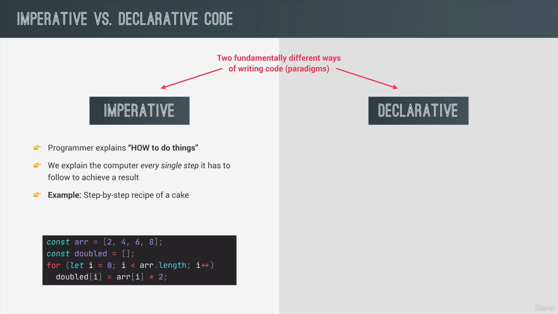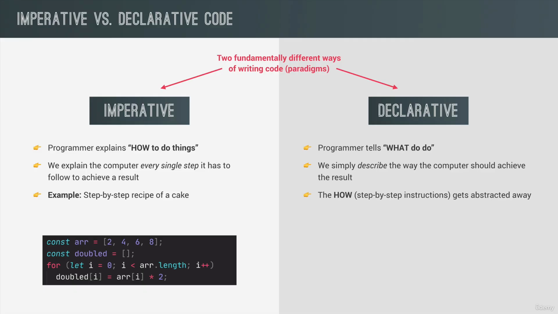Okay, so that's imperative programming, but on the other hand, we also have declarative programming, where the programmer tells the computer only what to do. And so when we write declarative code, we simply describe the way that the computer should achieve a certain result. But the how it should do it, so basically the step-by-step instructions, they get abstracted away.